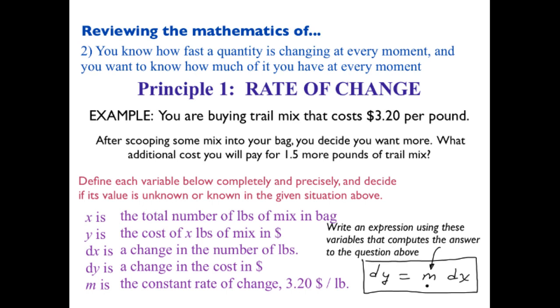Multiply by 3.2, multiply by m. If you put 10 more pounds in your bag, you're going to multiply by 3.2 to get the corresponding change in cost. So this is how we want to understand this. What does $3.2 per pound mean? It means that for any change of pounds in your bag, to get the change in cost, you'd multiply by the 3.2.